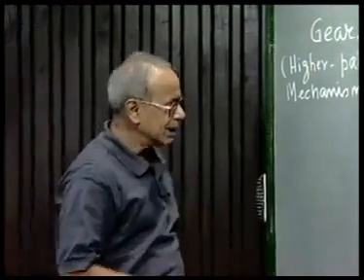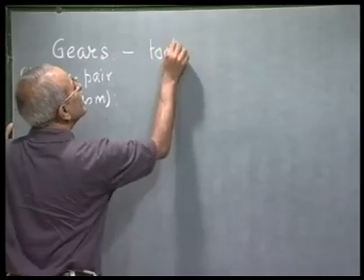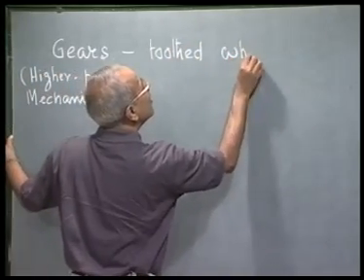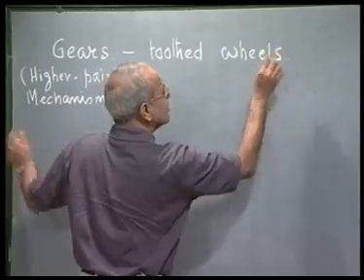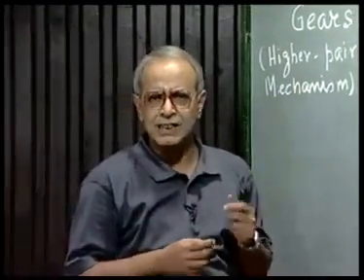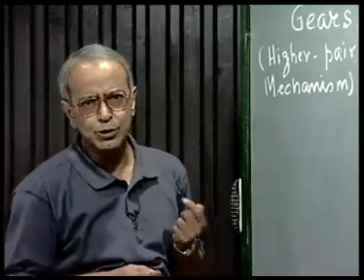Gears are nothing but, as you know, toothed wheels. These are used all over the machines to transmit constant angular velocity ratio between two shafts.